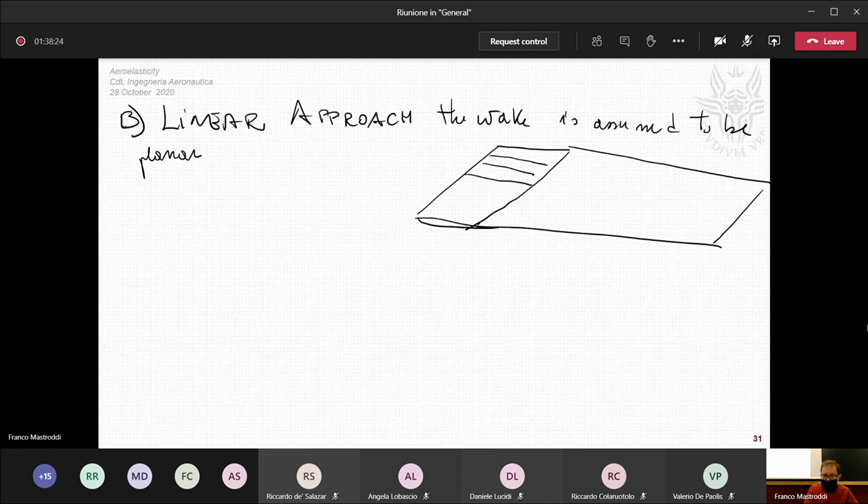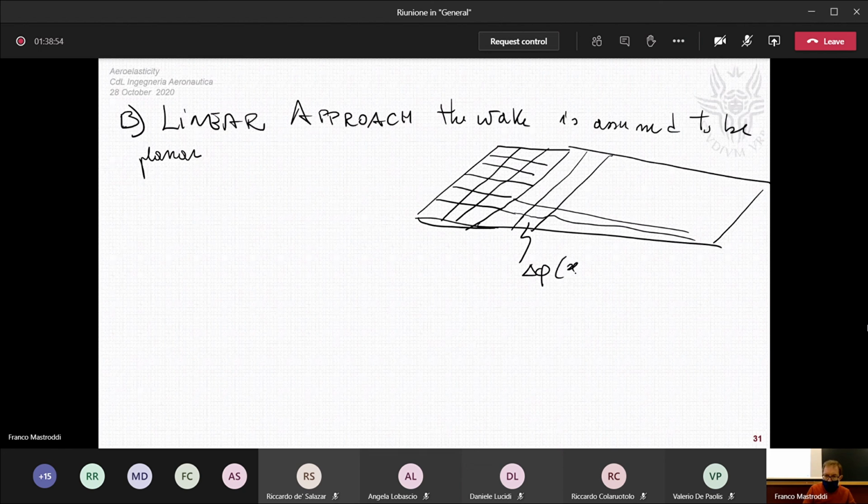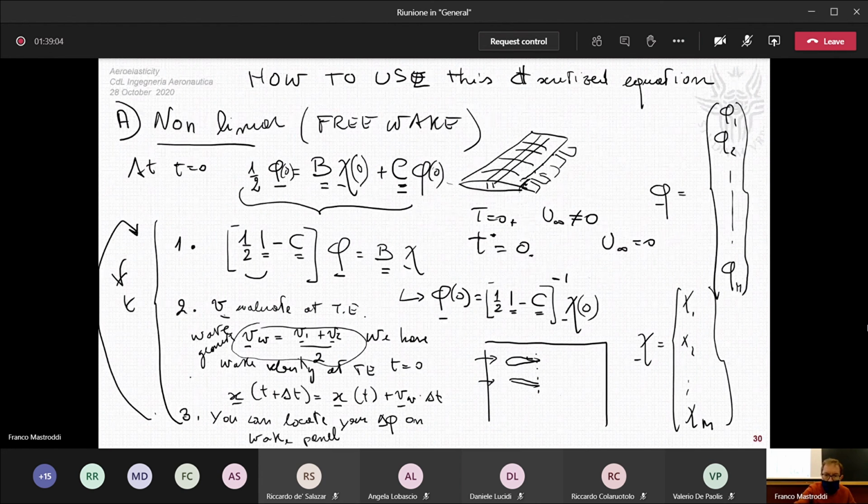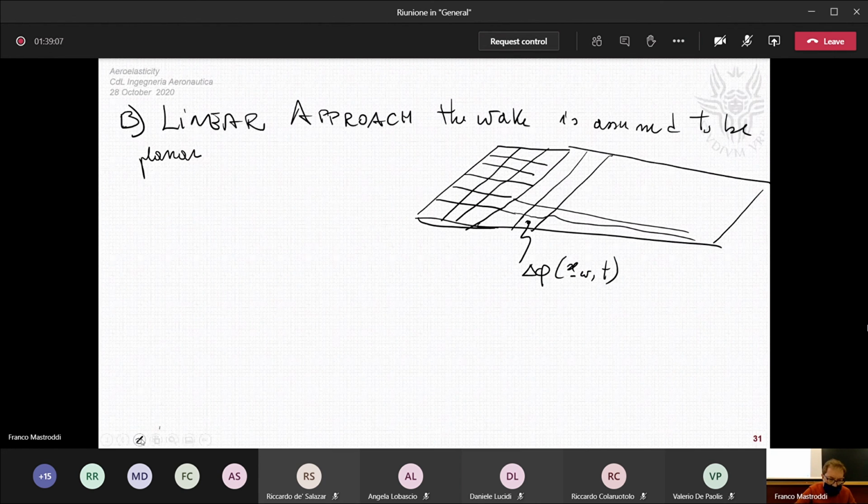We have the body discretization, and we have the wake discretization, and we assume that the delta phi here, in the wake point, in a time, in this panel, and let me write, excuse me, let me write the trailing edge line. This is the trailing edge line, red line.